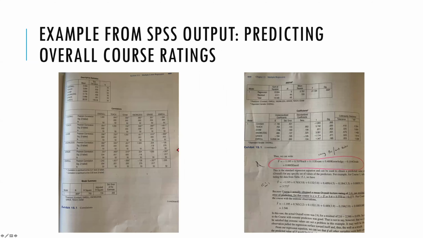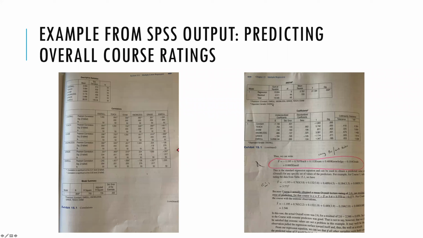And let me go back here just to show you in the regression output. We'll see this in our linear model as well. We see b for each variable. You'll see up here it says unstandardized coefficients, but we'll also see standardized coefficients. So every 1 unit increase in teach is related to a 0.763 increase in overall score. We have the standardized coefficient beta here. So for every 1 unit increase in teach, we would experience a 0.662 standard deviation unit increase in overall score.